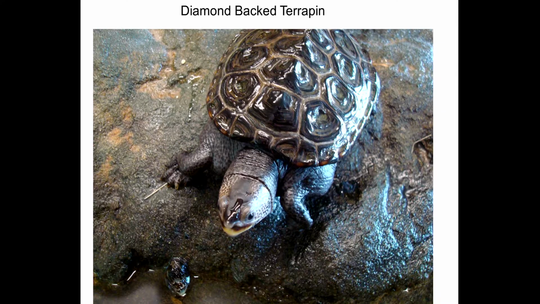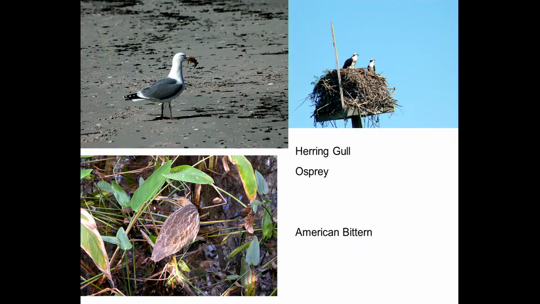And we have one reptile that is native in salt marshes, the diamondback terrapin. And we have all sorts of birds, and I am only going to show you a few of them because it would take probably most of the rest of the talk to talk about all the birds that are associated with salt marshes.